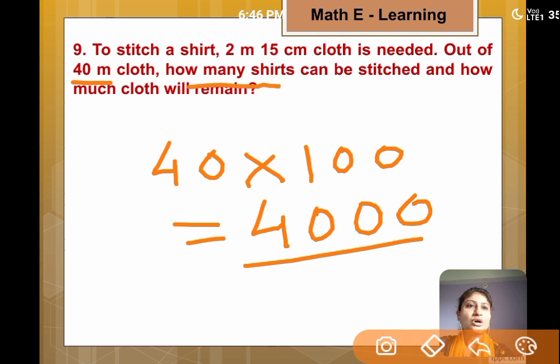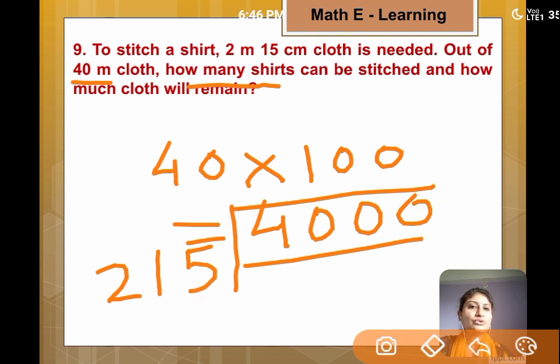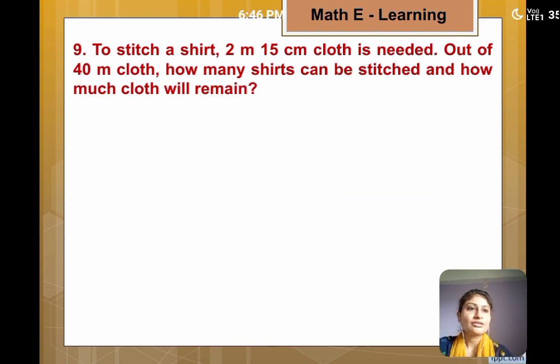Now to know how many shirts can be stitched, you have to divide this 4000 by the cloth of one shirt, 215 centimeter. Then you will get the answer of how many shirts can be stitched, and whatever you get as remainder is the answer of how much cloth will remain. So here is how to write.